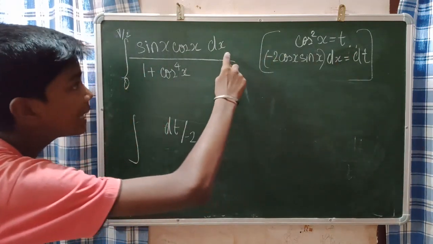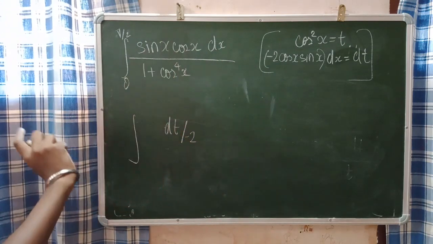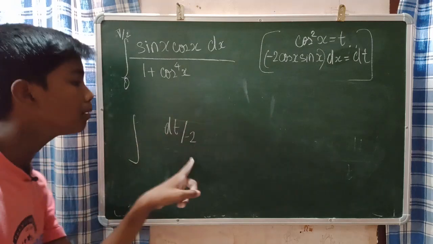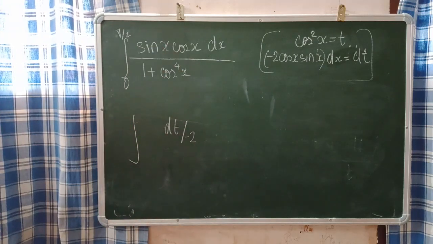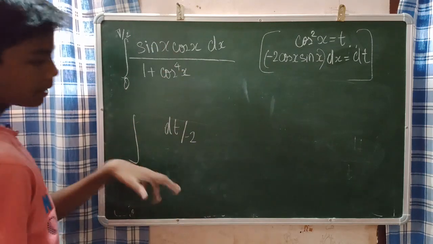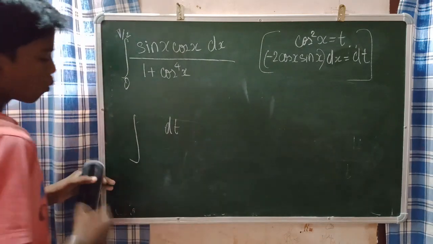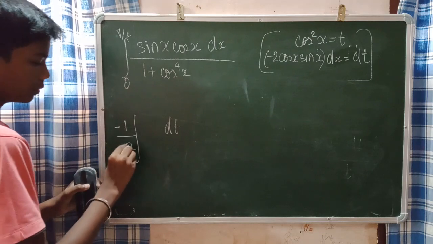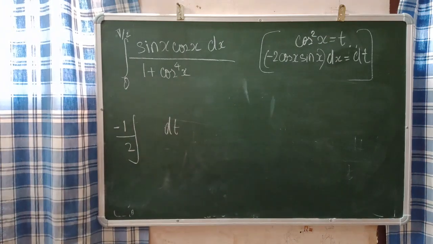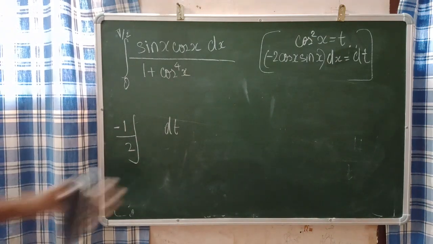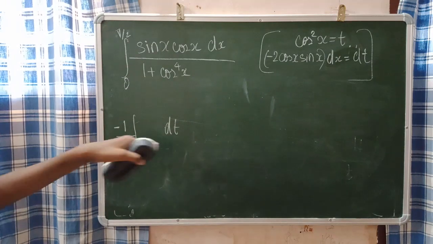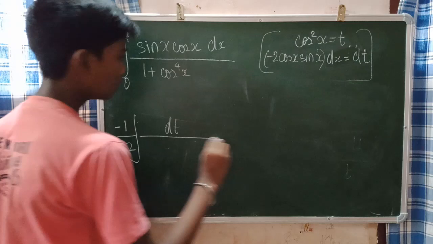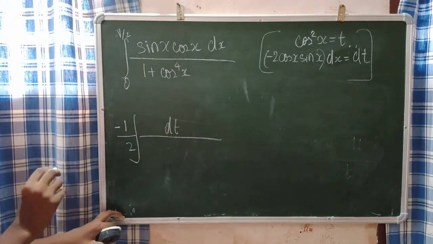Now here I am having dx, cos x, sin x, but I am not having minus 2. So I need to divide dt by minus 2 so that I get this expression in the numerator. As I am dividing by minus 2, I can take this 1 by minus 2 outside. So 1 by minus 2 is minus 1 by 2. These are all basic concepts. Because I am having dt by minus 2, I will take it outside and get minus 1 by 2, then divided by 1 plus cos power 4x.